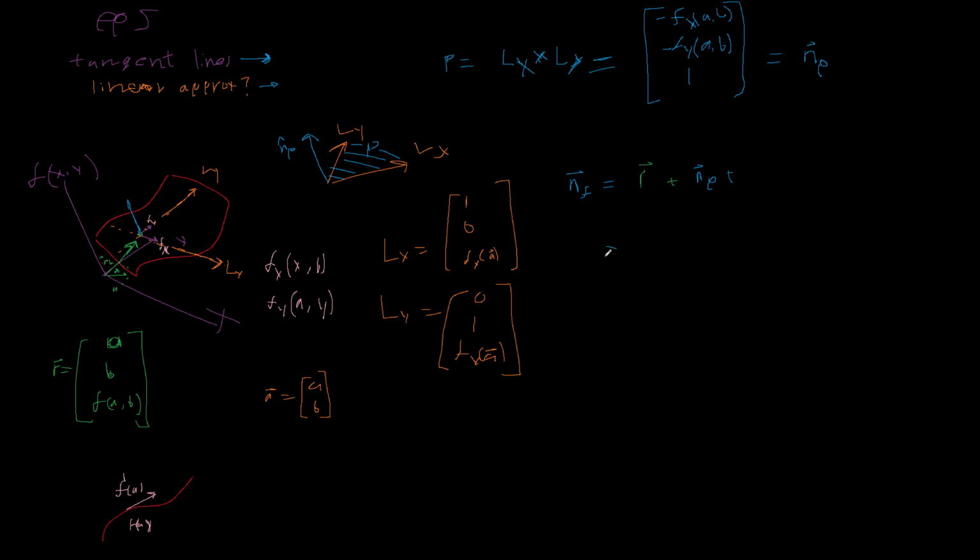So this is actually going to be equal to, if you remember r, (a, b, f(a, b)), or I'm going to just write f(a), plus (minus f_x at a, minus f_y at a, and 1) times t.